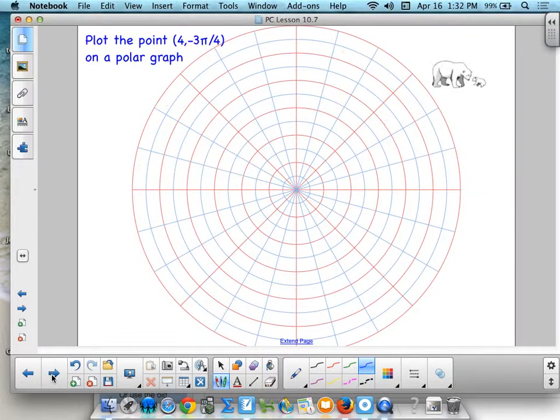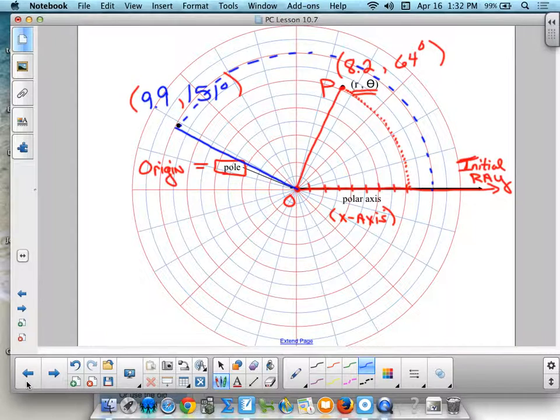All right, here we go. Plot the point 4 comma. Oh, sorry, I forgot to tell you something. There is a definition in your book of what R is, what theta is. I don't think you have to write this down, but if you like to know the definition, this is the book's definition.